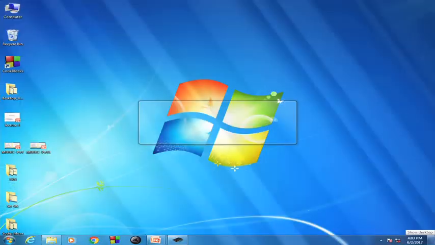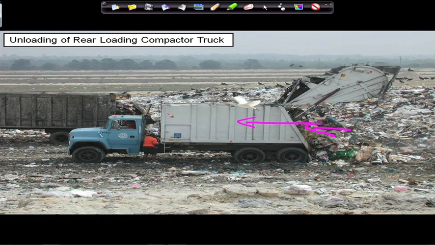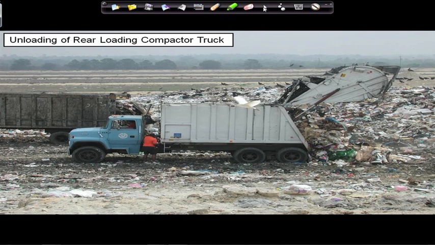Usually there is a plate in the truck, and these plates move along the length, and as it moves, it pushes the garbage out. As you can see, the garbage is coming out from there. So this is how these trucks work in terms of waste disposal.